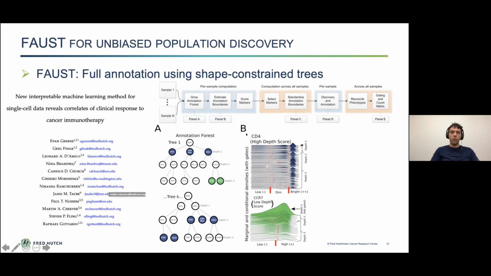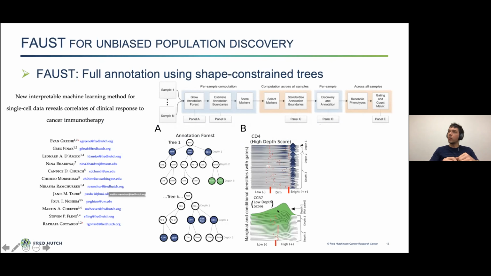I don't want to go into all the details here. It's a great paper to read, and in my opinion, it's a really nice method that in our hands worked really well. The way FAUST works, it grows an annotation forest, which is basically a set of all reasonable gating hierarchies, where it automatically gates markers based on density distribution and other methods.